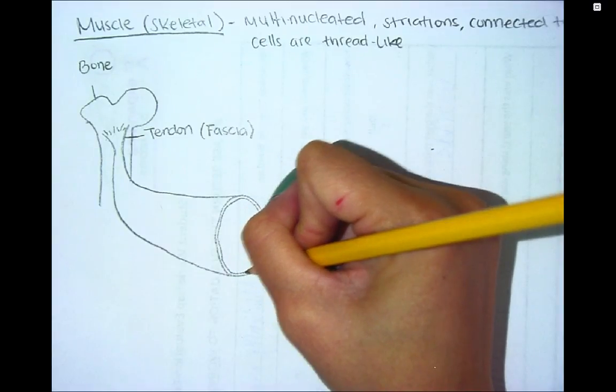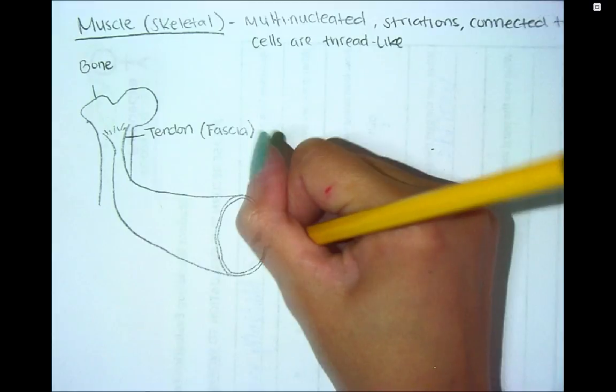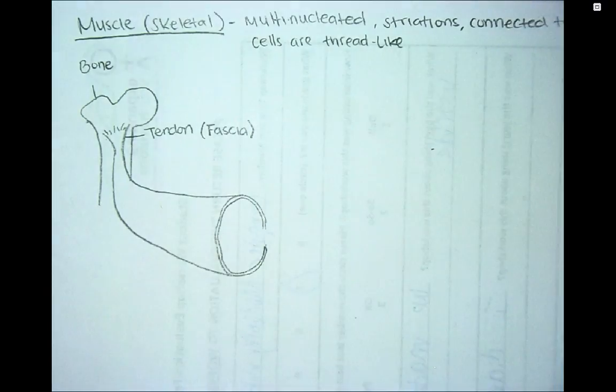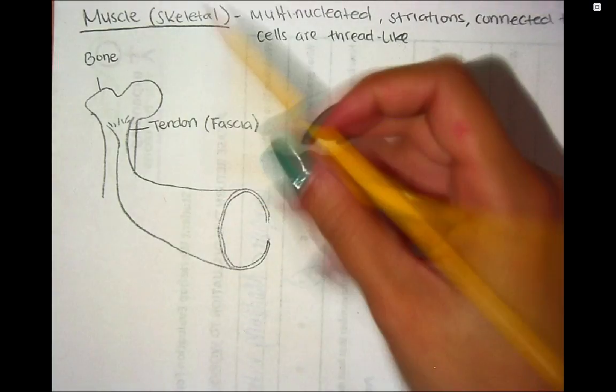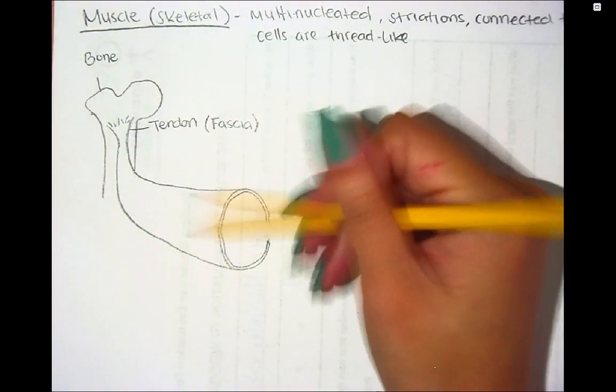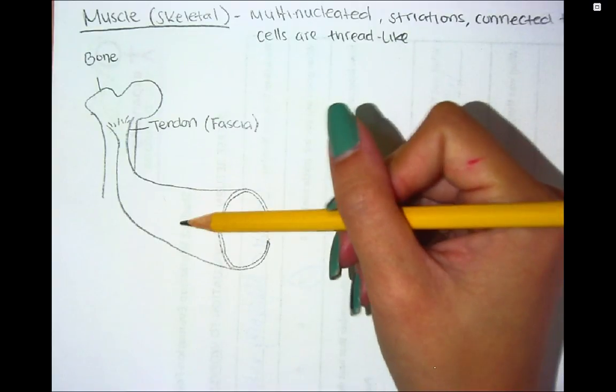This is pencil. So I'm going to try to draw, there's a fascia layer wrapped around the muscle itself. I'm going to try to draw it to look like we're peeling the fascia layer off.